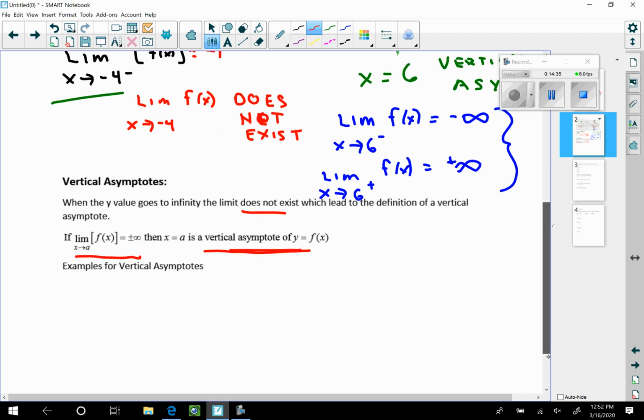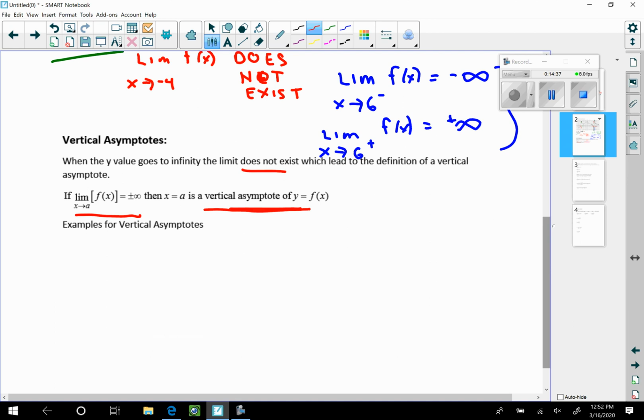So here's a little analytical limit. Let's see what this is. Let's take the limit as x goes to 2 of this function right here, 1 over x minus 2. Well, if I were to do that limit analytically, I would get 1 over 0, which does not exist.